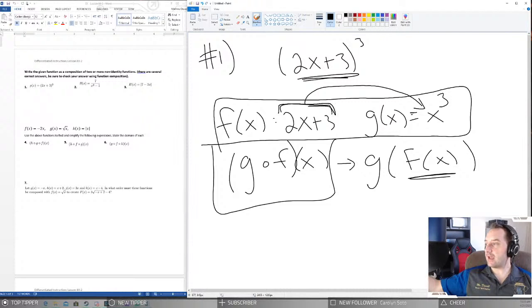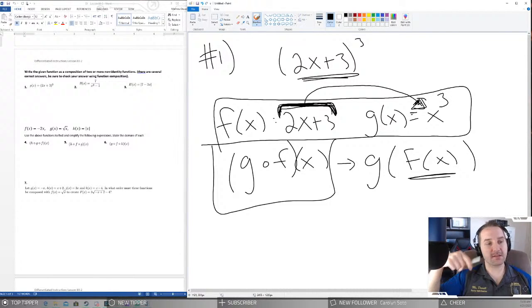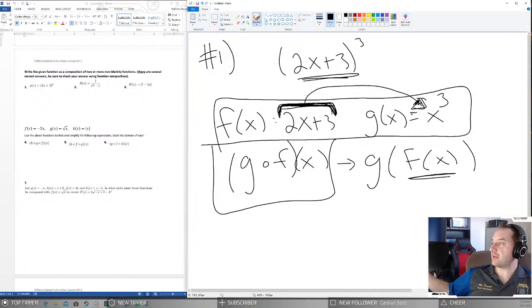We're looking at 2x + 3 together, and that 2x + 3 is what's getting plugged into the x cubed. So we're replacing x with 2x + 3. If I imagine this x cubed as parentheses x, cubed, well, what's getting plugged in for x is really the 2x + 3, and it's still being left as cubed.